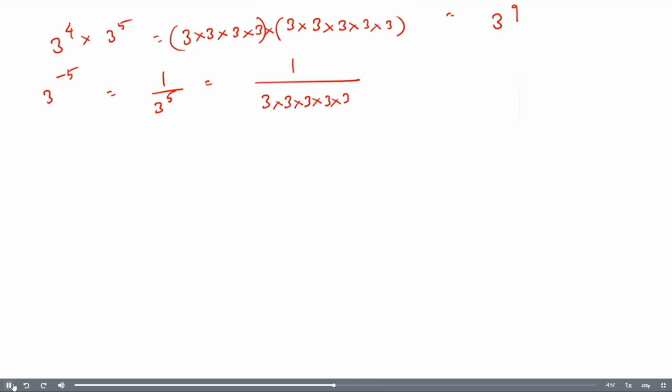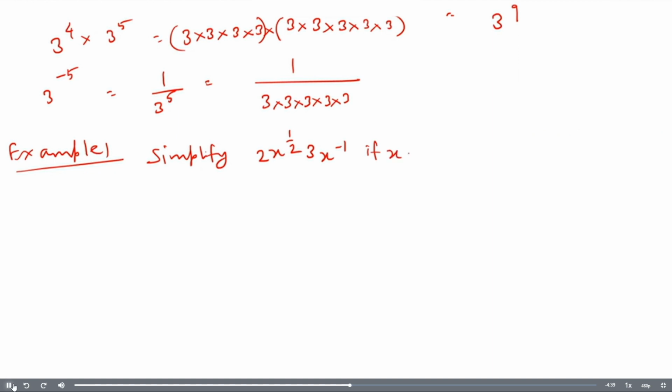Now let's take example 1 in the ICAI study material. Simplify 2x to the power half into 3x to the power minus 1 if x is equal to 4.